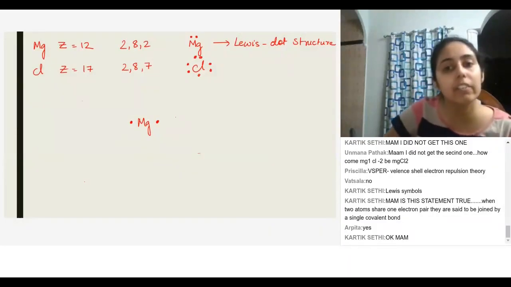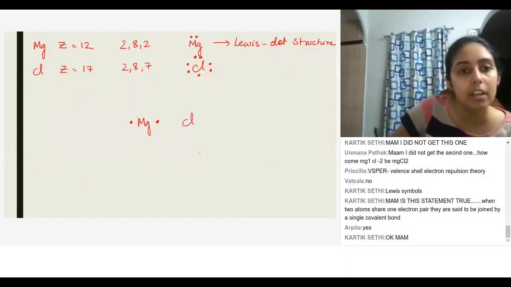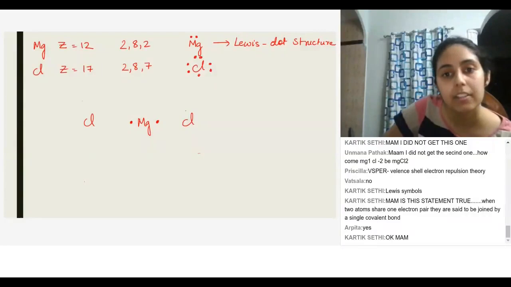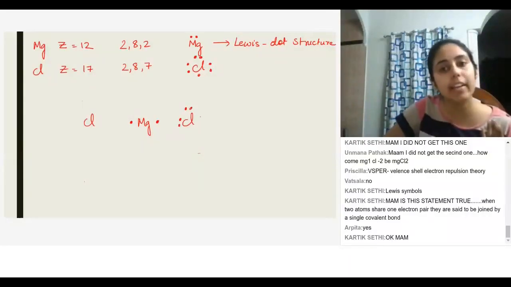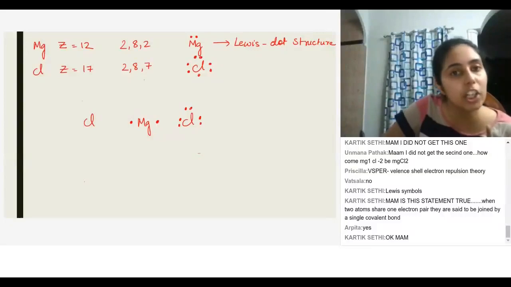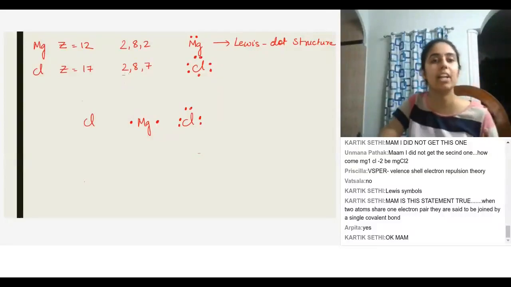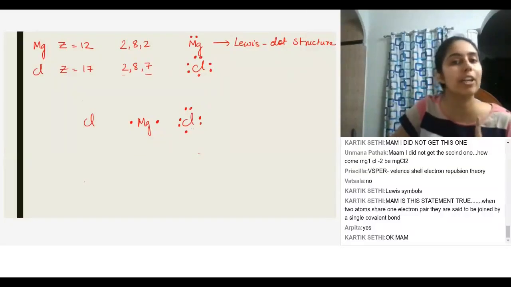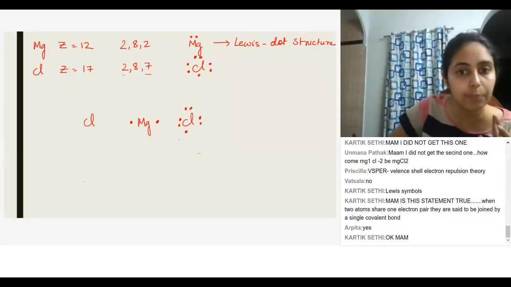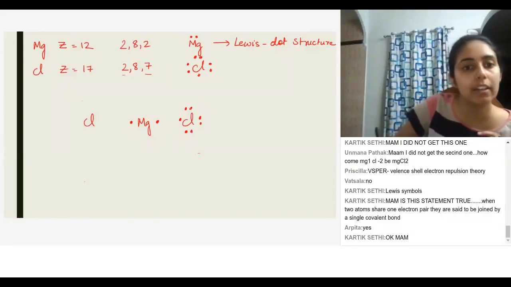Chlorine will come here. All chlorines require 1 electron, right? Because the electronic configuration of chlorine is 2, 8, 7. So any one chlorine atom can only take 1 electron. It cannot take more than 1 electron. So I'll draw the valence electrons of all the chlorines.